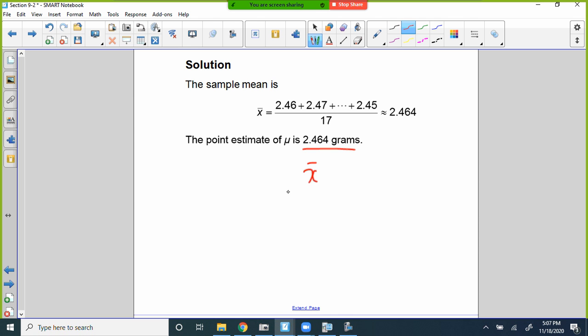Because of the central limit theorem, we're able to say that the mean of a population is related to the mean of our samples, right? There's a distinct relationship between those, and it allows us to do normalizing and different things like that, Z intervals and T intervals, okay?